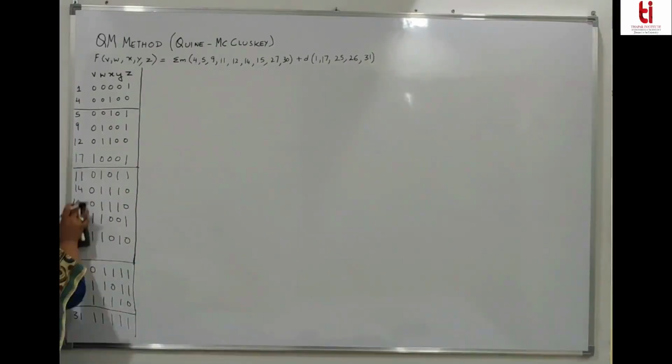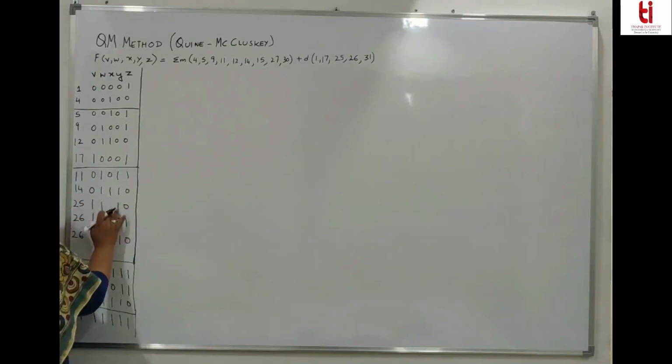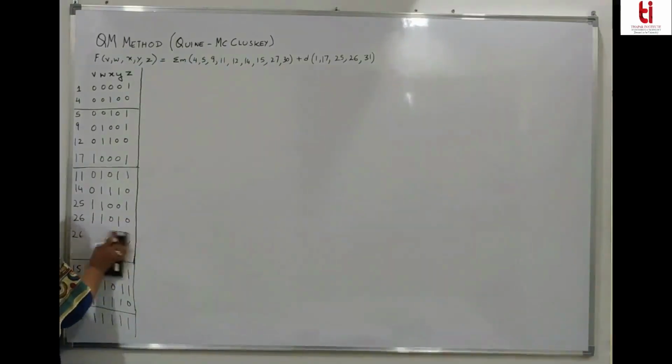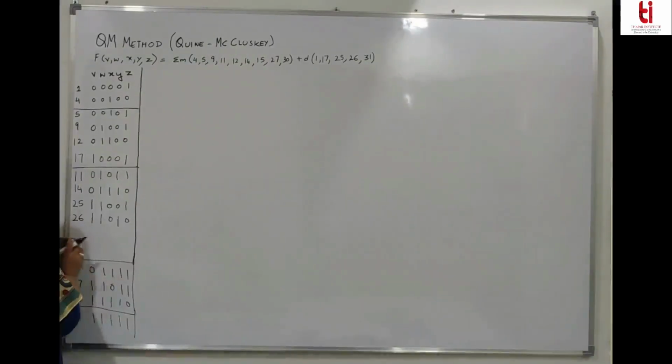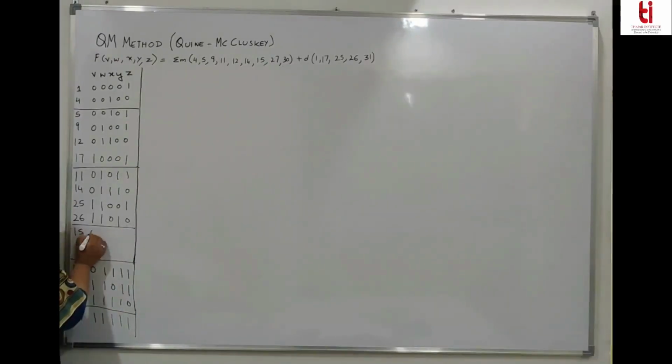I'll just shift these values to make them more visible to you. 15, 27.